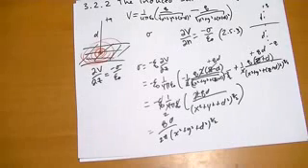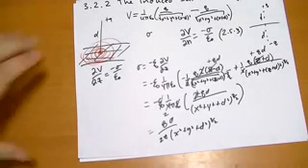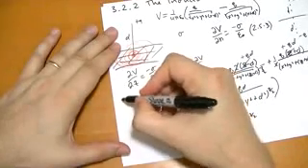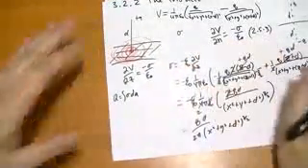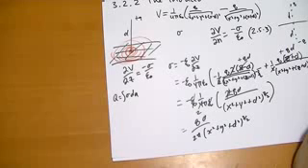Now, suppose we want to calculate the total charge. It's a quick calculation. This is just the integral of sigma dA. We could do it in Cartesian coordinates, but I'm going to do it in circular coordinates.